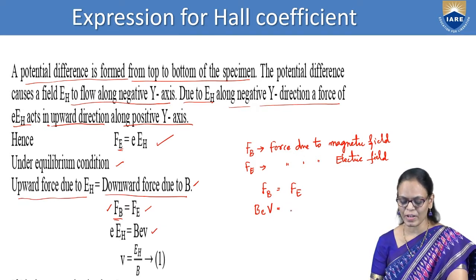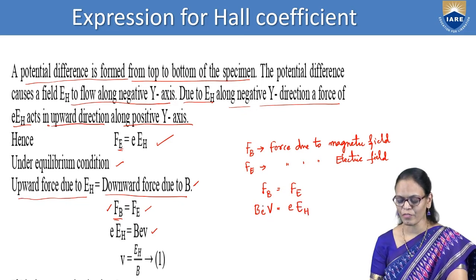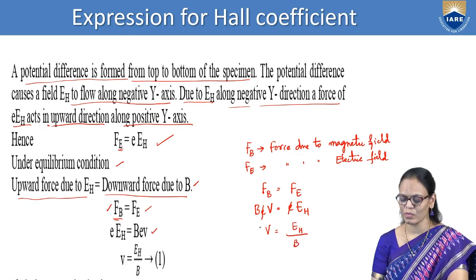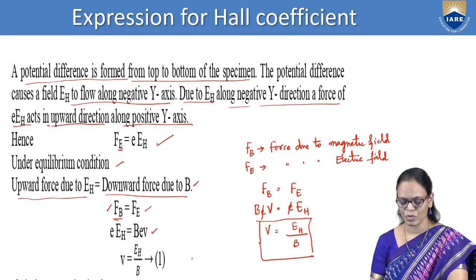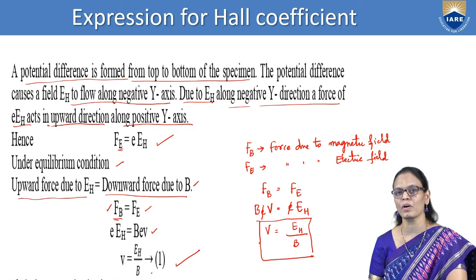Then Fe is given by e EH. So now e and e will get cancelled. You have V is equal to EH upon B. We are writing the formula for V. So V is equal to EH upon B, and we represent it as equation 1.